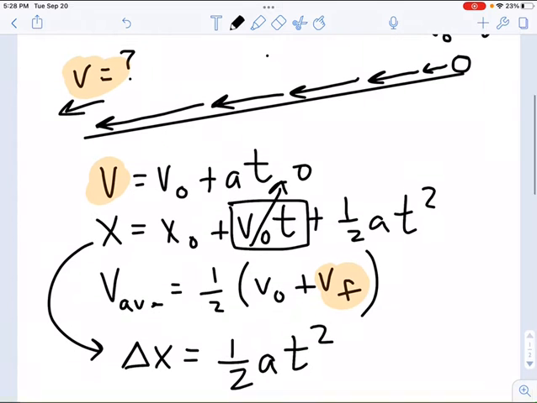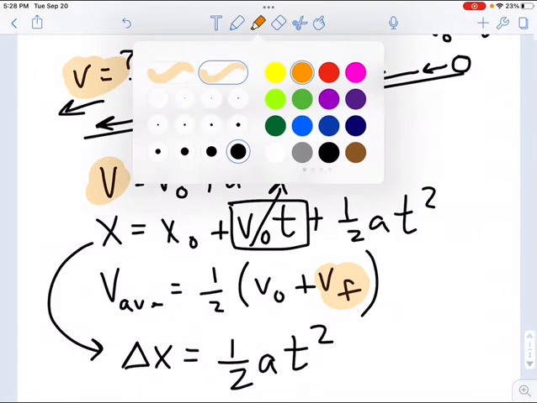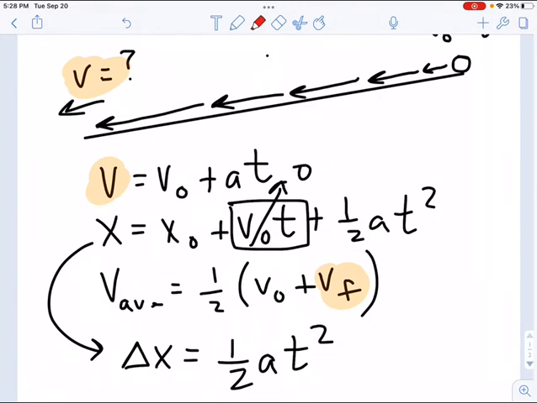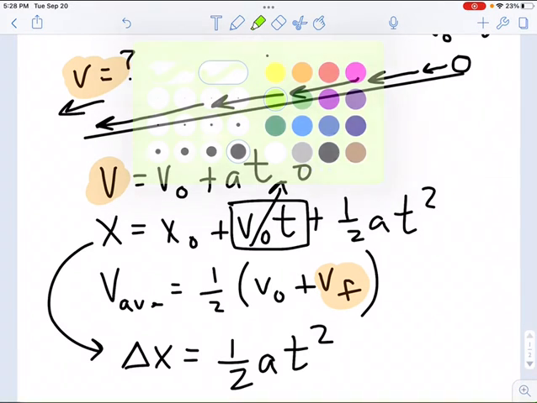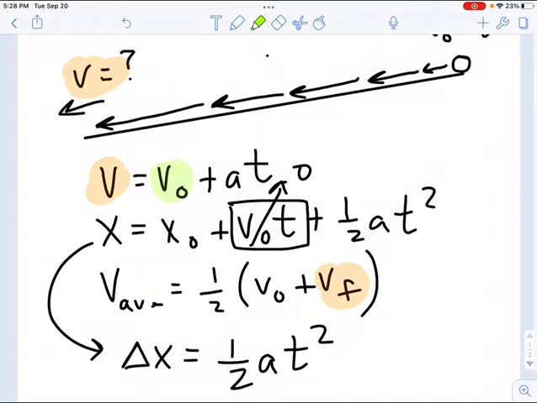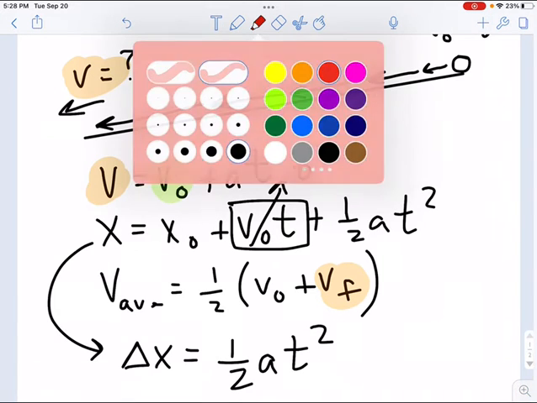Now let's use red and green to figure out the top equation, if that applies. If we use red for things we don't know, we do know initial velocity, so we can color that one green. We don't know acceleration, so we'll color that one red.